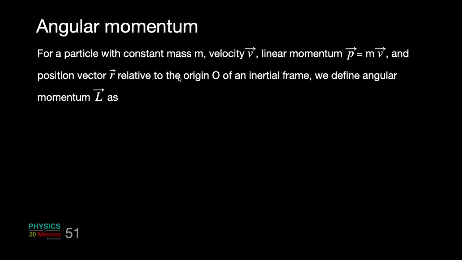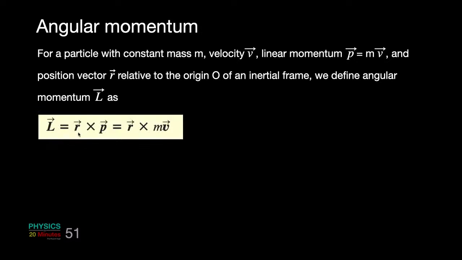Suppose if you have some point O in an inertial frame, and the position of body is vector r with respect to that point O, then we can define angular momentum L as r cross p, or it can also be written as r cross mv. So this is angular momentum. Angular momentum can be defined as moment of linear momentum.